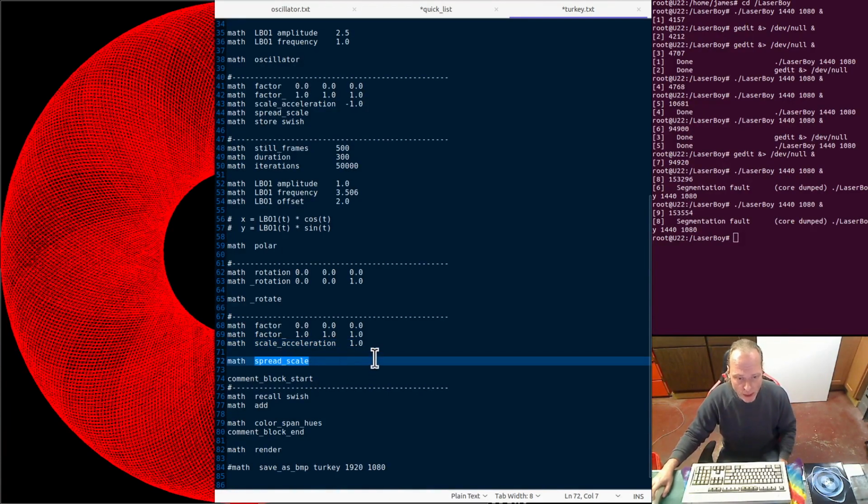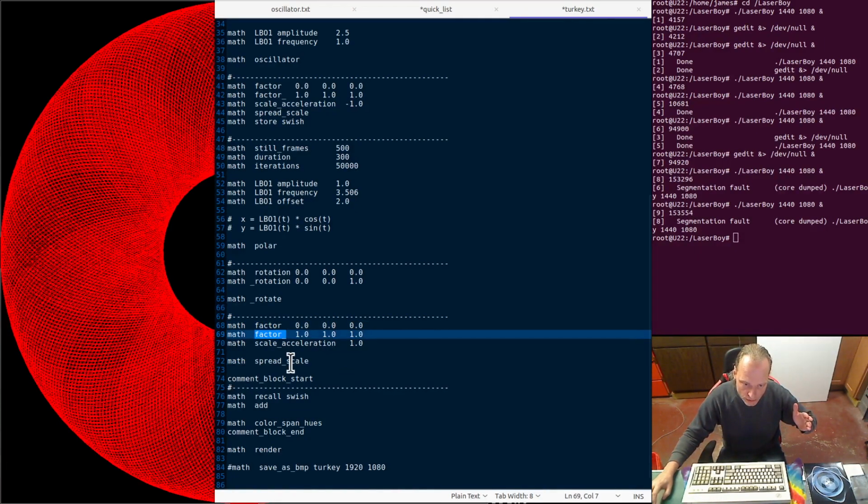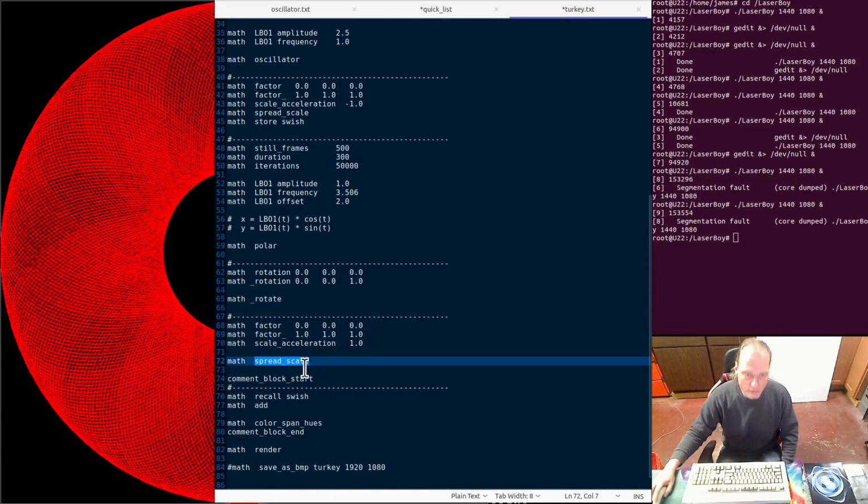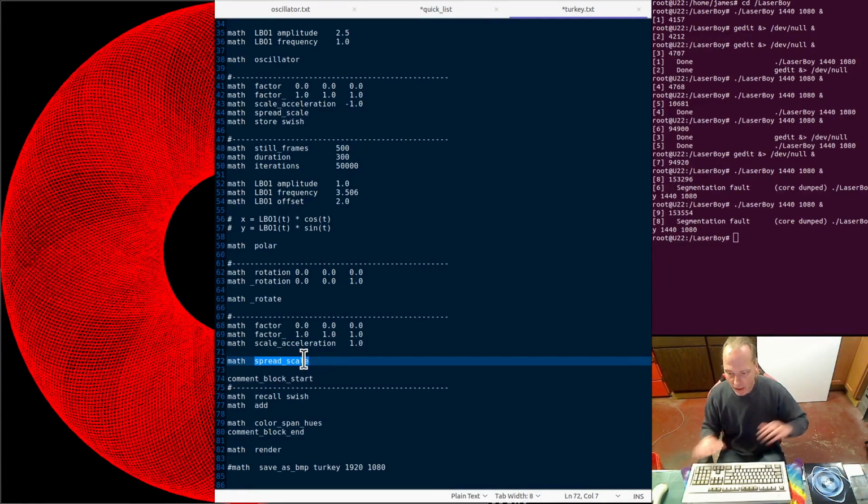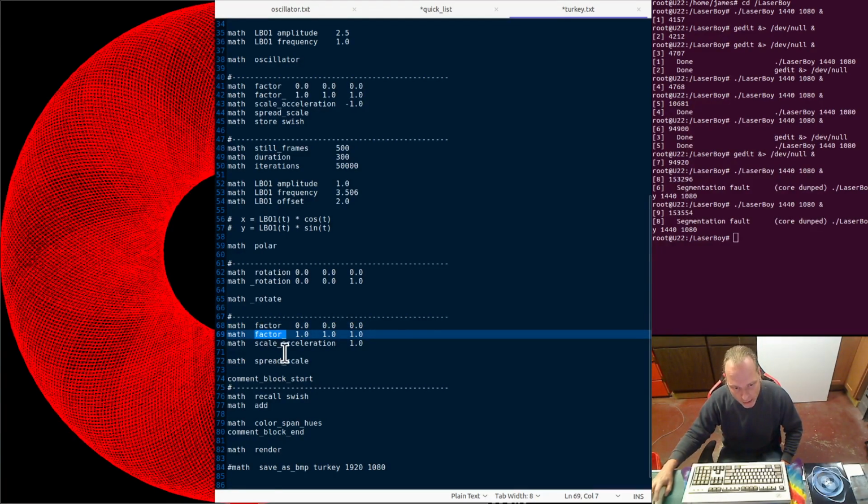And then we do this spread scale thing. The spread scale concept is, again, from factor to factor underscore distributed through the vertices in a frame. If this was just scale, it would scale everything just according to factor, but it's spread scale, so it's from here to here within the interval of the frame.